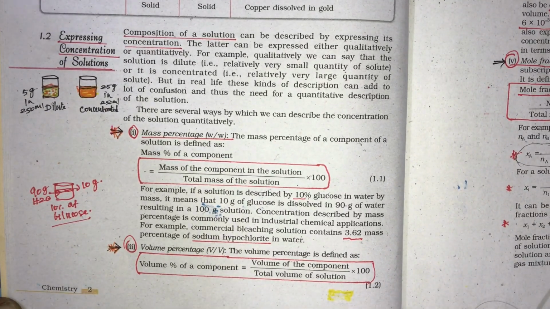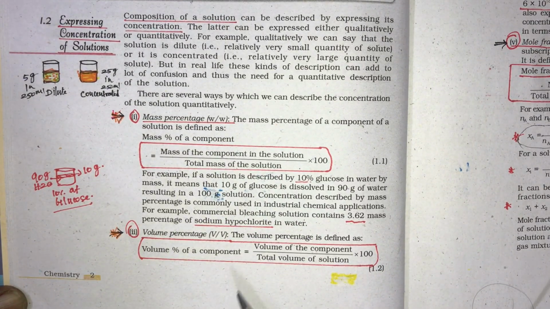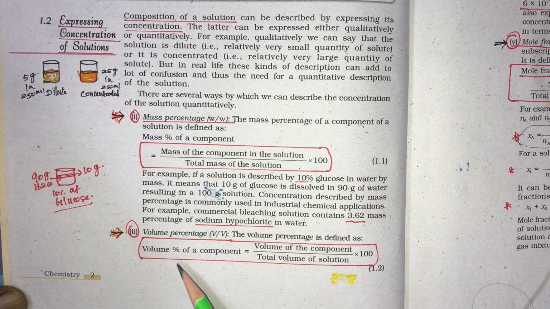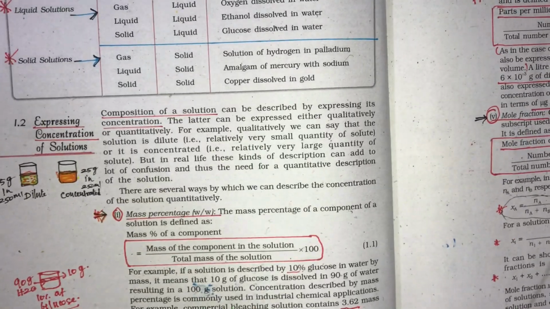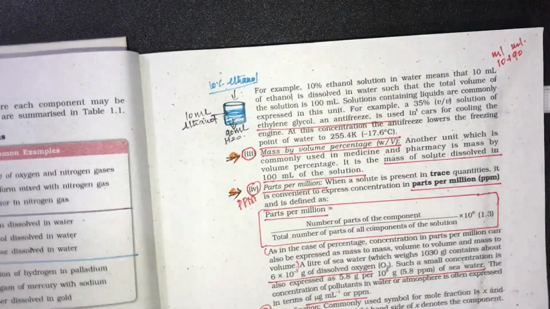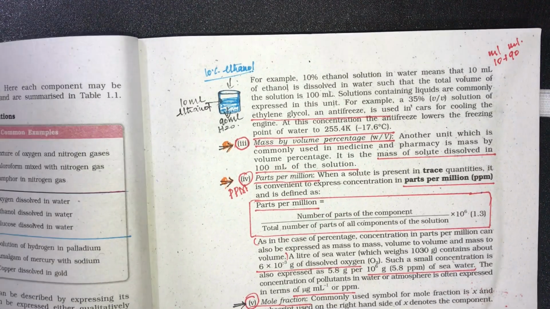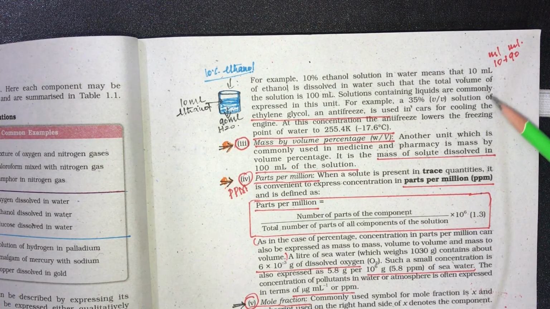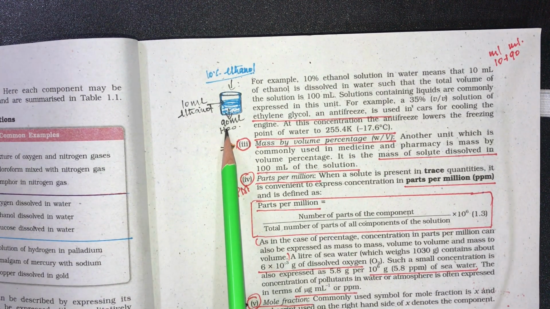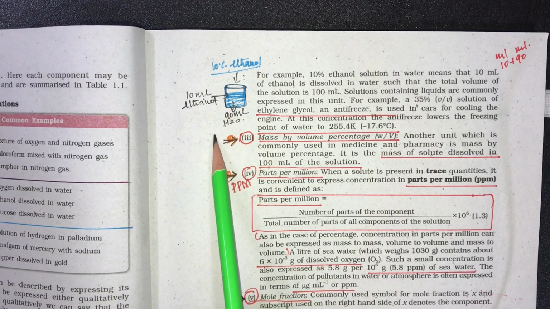Next, what is the volume percentage of the solution? V by V. The volume percentage of a component is the volume of the component divided by the total volume of the solution, into 100. For example, a 10% ethanol solution means 10 ml of ethanol dissolved in 90 ml of water, giving 10% ethanol.